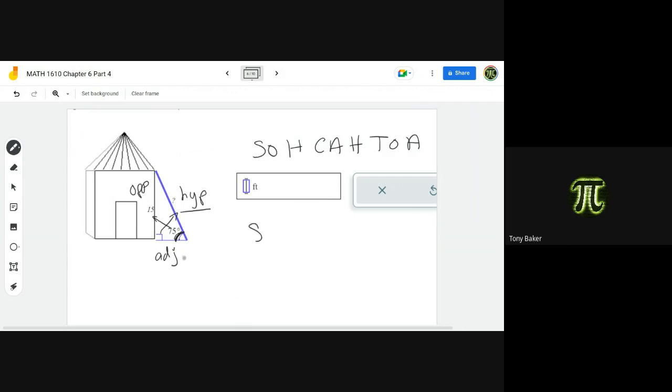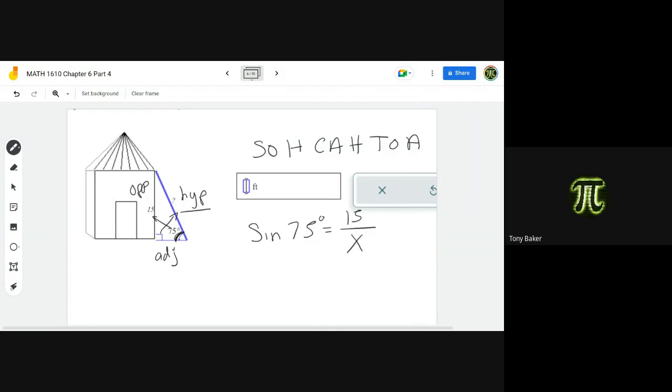Sine. So it's going to be sine of the angle, 75 degrees. Now, this is degrees, so make sure your calculator is in degrees. Equals opposite, which is 15, over hypotenuse, which is x. Okay?